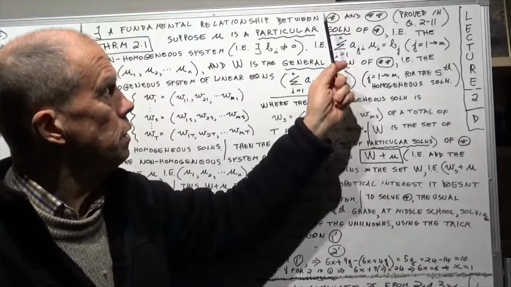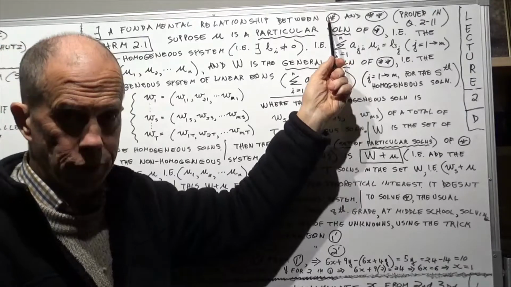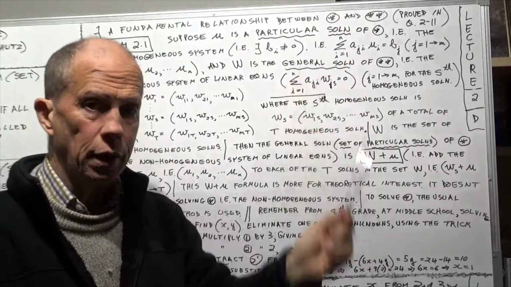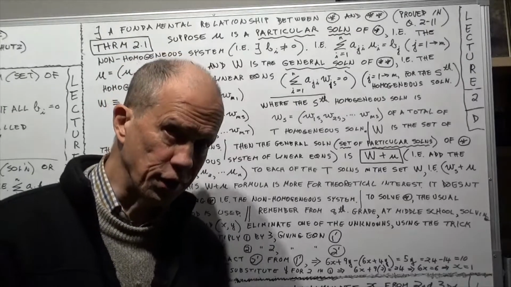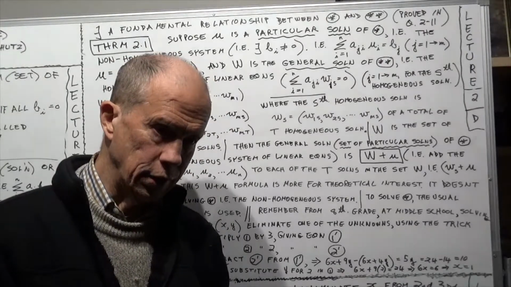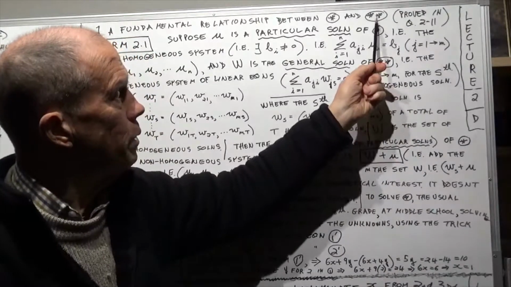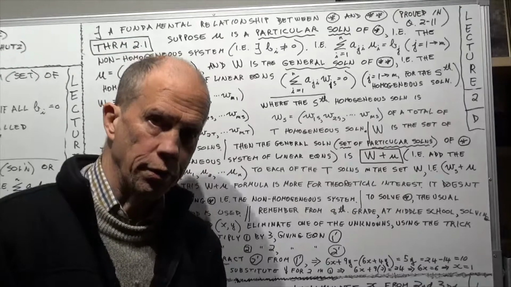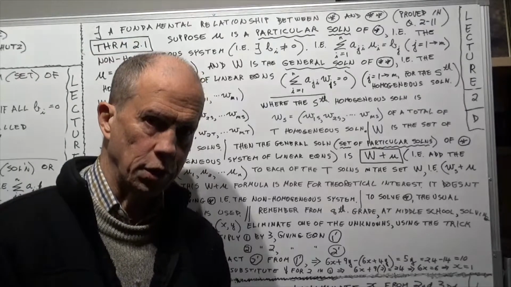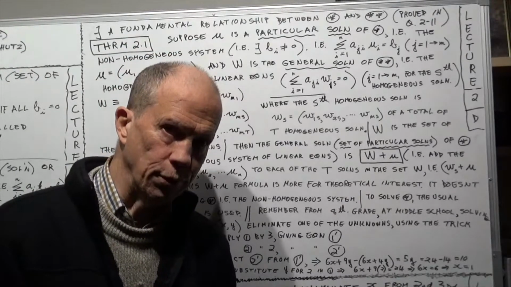And the difference between these two: in the non-homogeneous case, at least one of the b's, the constants of the equations, is non-zero, and in the homogeneous case, the 2 asterisk case, all the constants of the equations, all the b's, were 0.